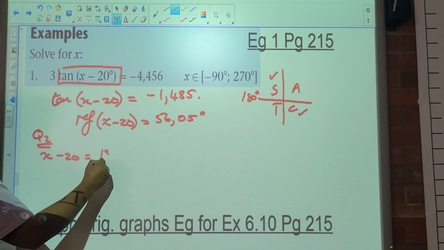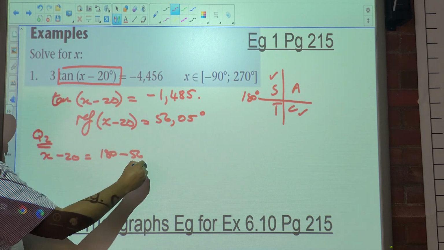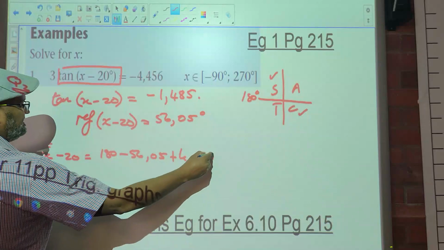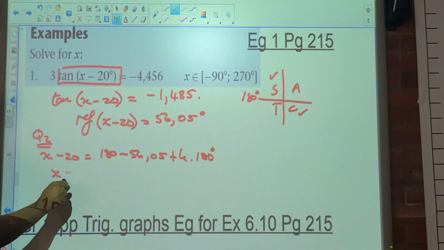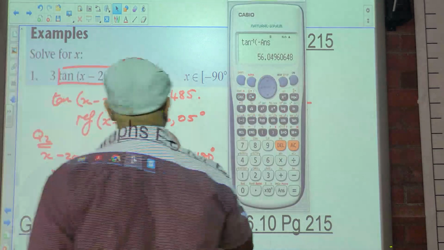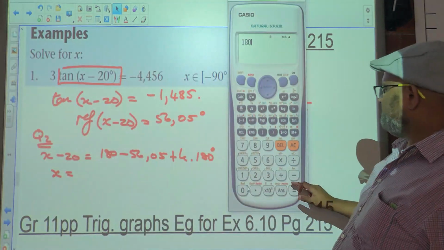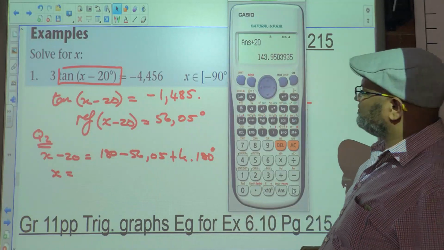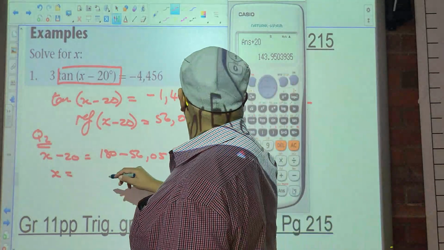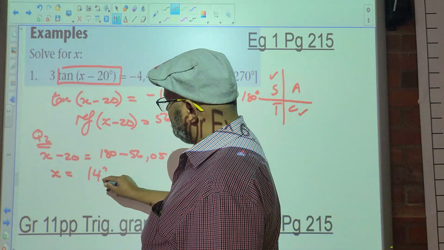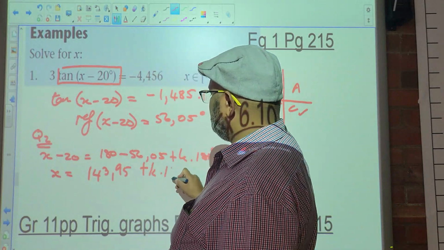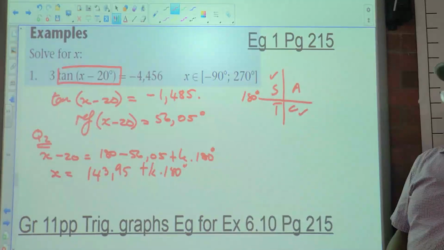So this would be 180 minus 56,05 plus k times 180 degrees. So x is equal to, put this in the calculator, 180 minus that answer plus 20, which gives you an answer of 143,95 plus k times 180.